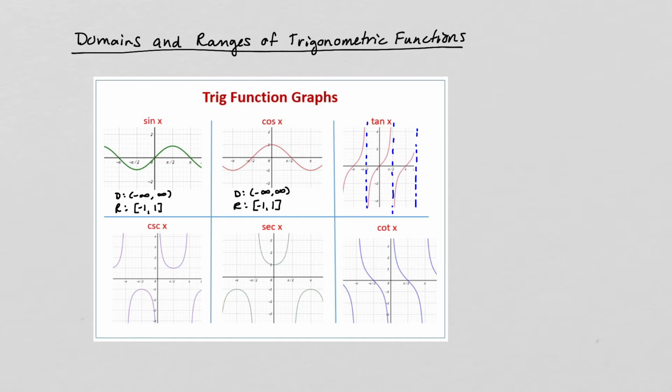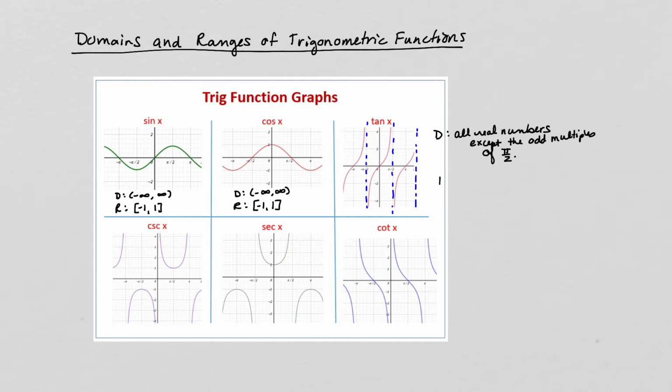So the domain on the tangent is all values, so all real numbers, except the odd multiples of pi over 2.